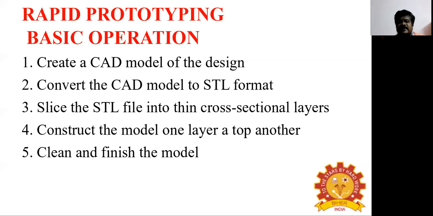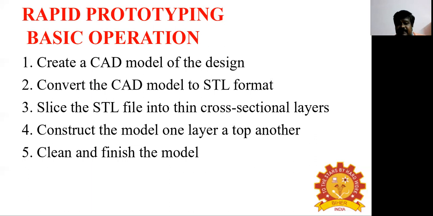Then the fifth operation or fifth step is we clean and finish the model. So totally 5 steps are there in rapid prototyping. The basic operations: we create the CAD model of our design. Then we convert the computer aided design model to the STL format, which is nothing but the stereolithography or standard triangulation language format.